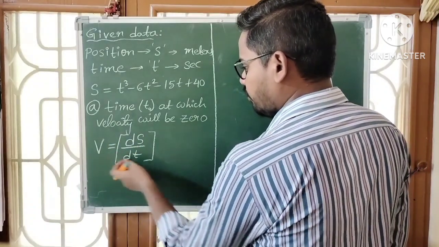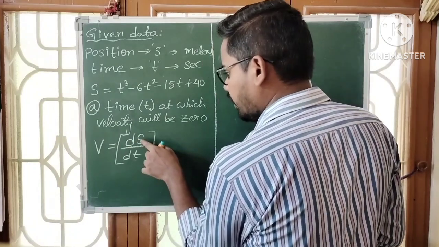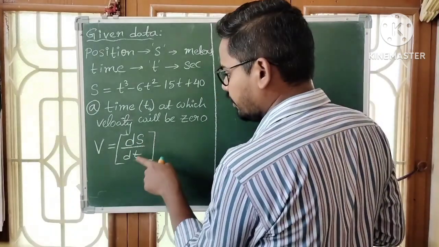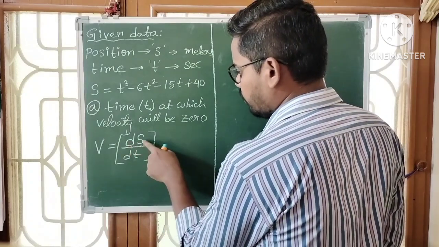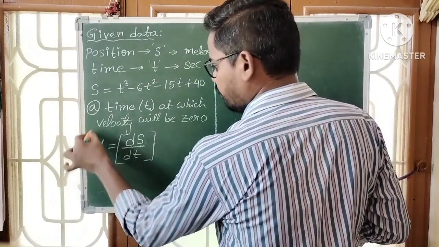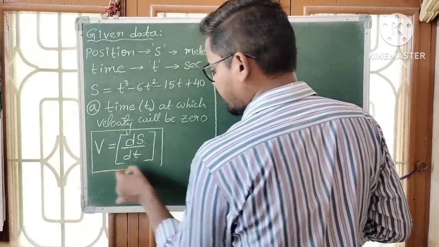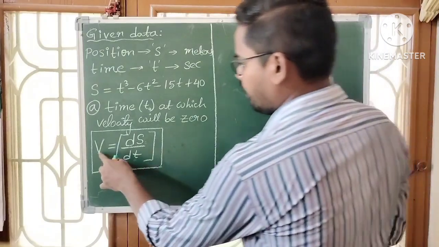To find velocity, we have to find the derivative of position, or displacement, with respect to time. Using this formula we can find the velocity equation.